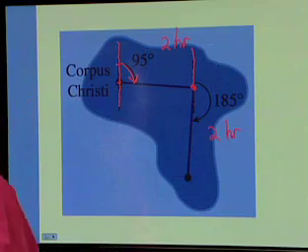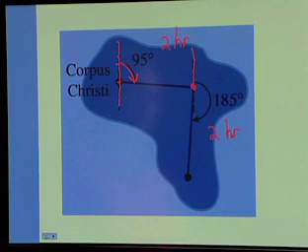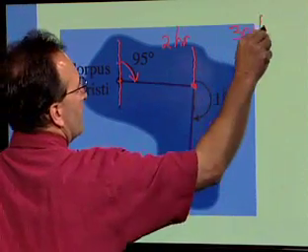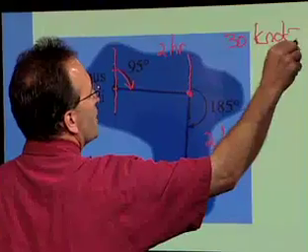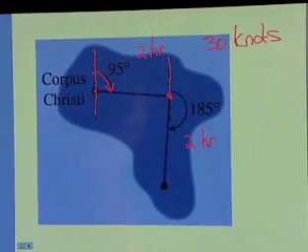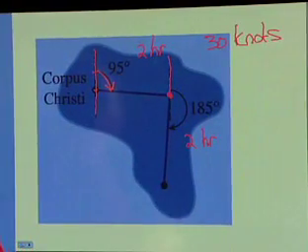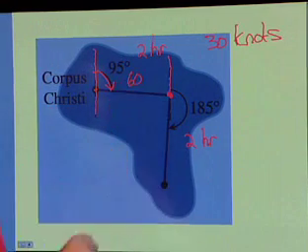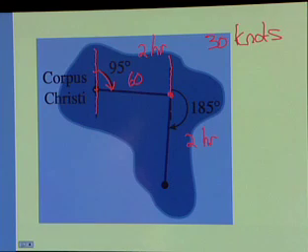Now, we were told it was traveling at 30 knots. 30 knots means 30 nautical miles per hour. And therefore, we can say that this side is 60 nautical miles.